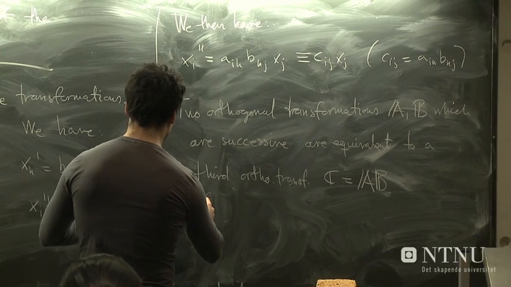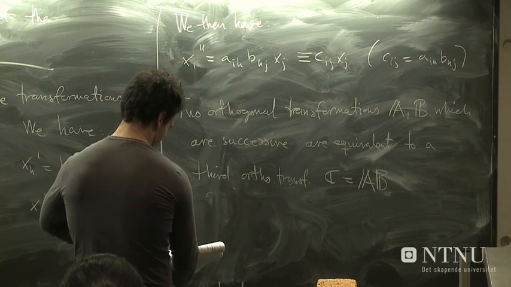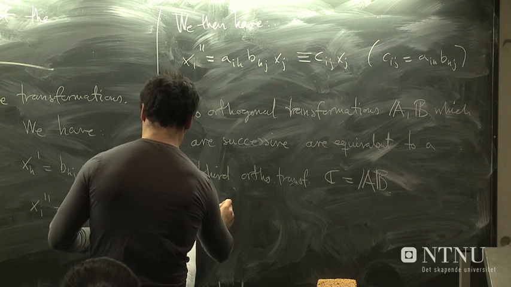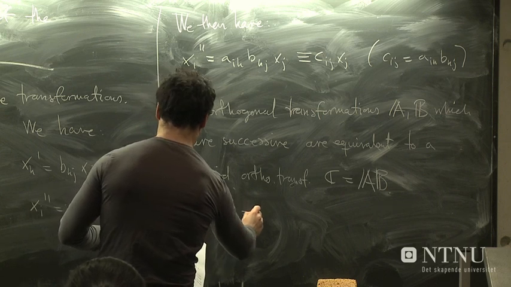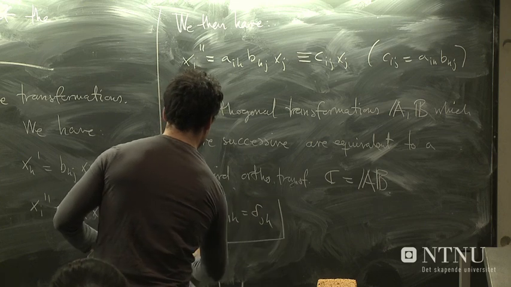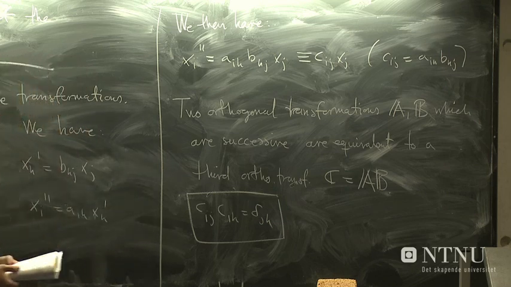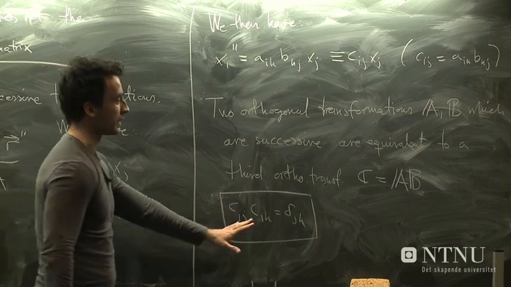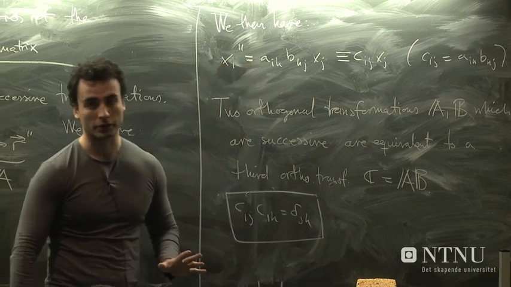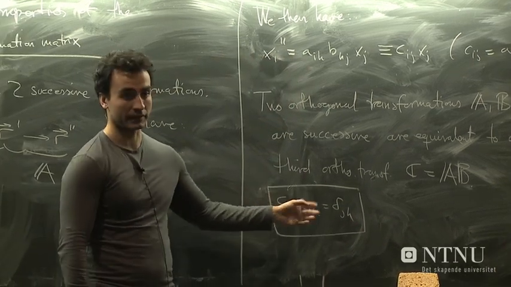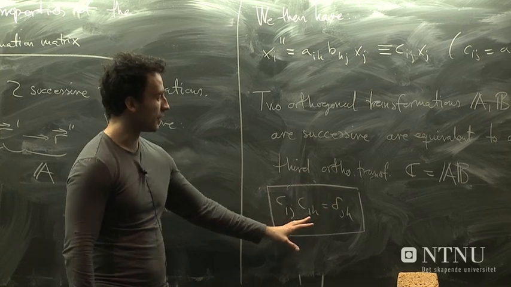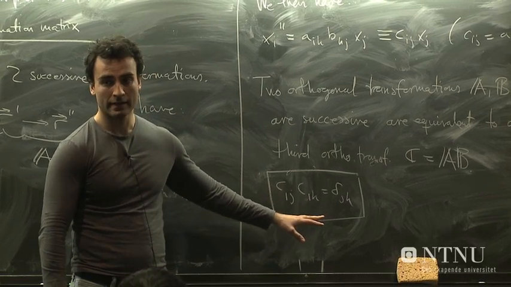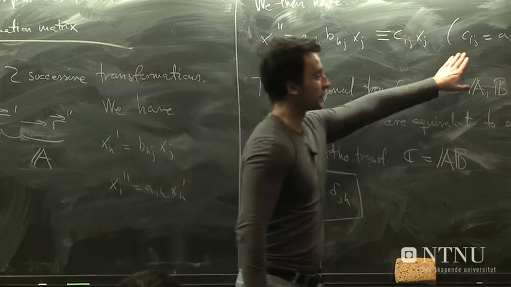Exactly. And I'm not going to show it here, but you can show that if A and B are orthogonal transformations, meaning that their elements satisfy this type of equation, then the elements of C will also satisfy this equation. And you can inspect this by just inserting the definition of C here.